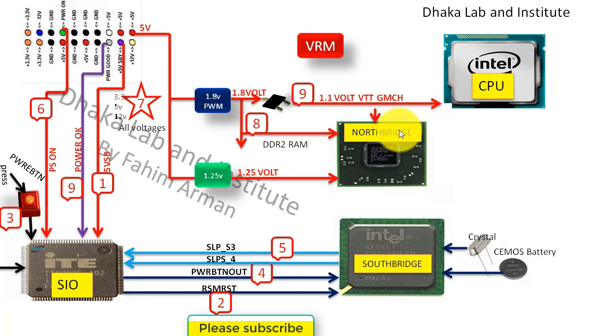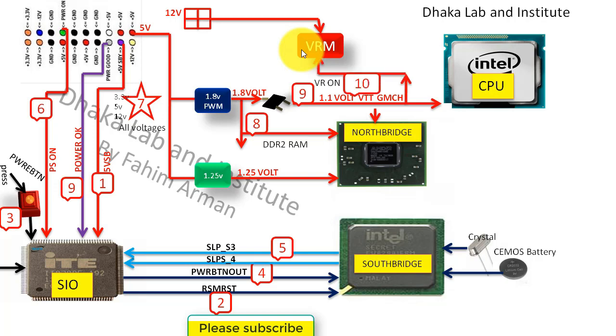If these are okay, then this whitish or gray color wire will provide the power OK signal to IO. Meanwhile, the VRM section will get 12V from this 4-pin connector.